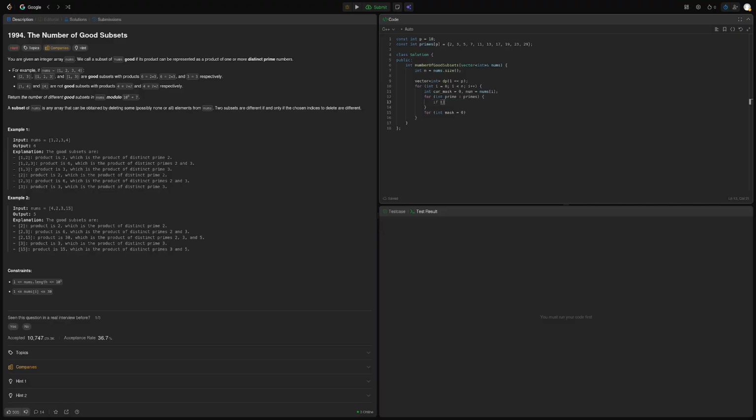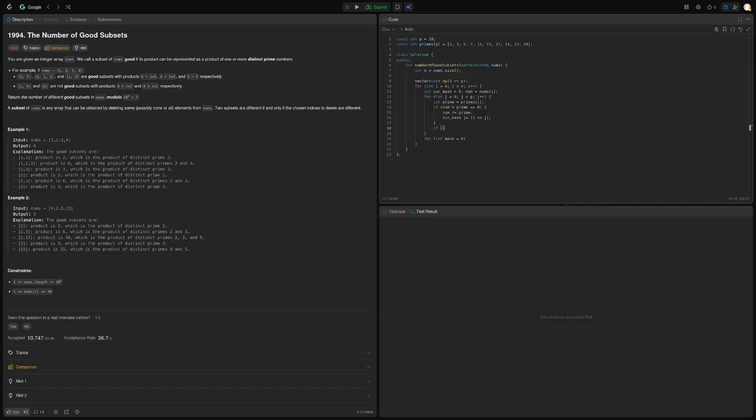If num percentage prime is 0, then num divide num by prime, and then current mask or it with 1 shifted by the prime's index. I need to index the primes, so int j under p, j plus plus, and let's int prime is equal to primes j, so 1 to j.